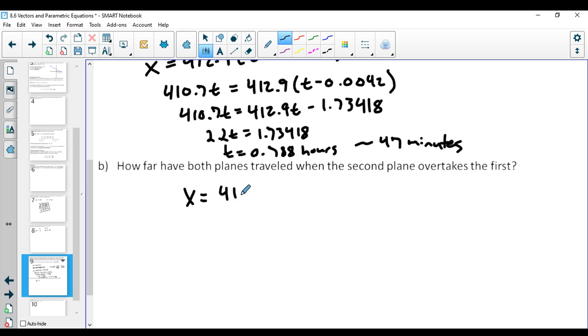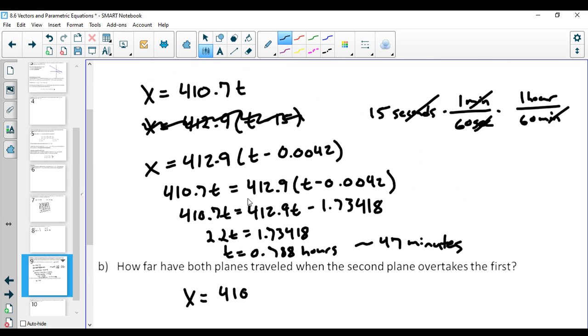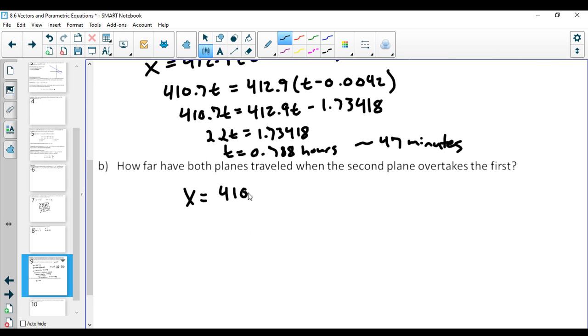I'm going to do it for the easier one, 410.7 times t, which we said was 0.788. And that's just going to get us 323.6316. So 323 point, I'll round to the nearest tenth, 0.6 miles.